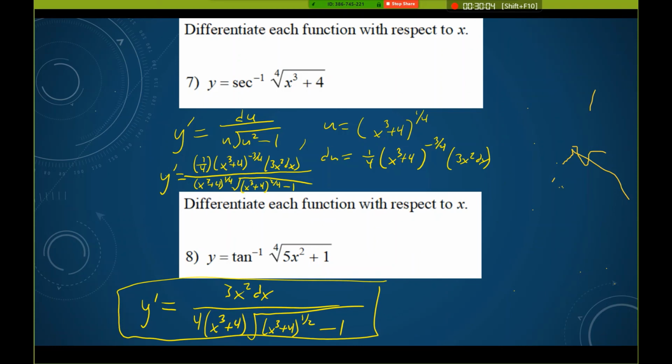So that would give me 1 over a, so that's 1/2 of arcsecant t over 2 plus c, or d. Any questions on this one?